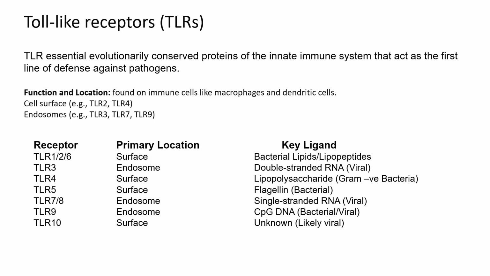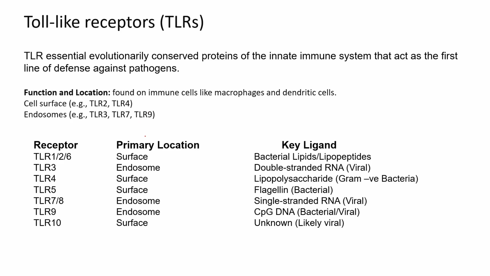Toll-like receptors are present from smaller invertebrates to higher vertebrates, so they are highly conserved evolutionarily. That is what is meant by toll-like receptor evolutionary conservation. This is actually the first line of defense against any pathogen entering inside the body.